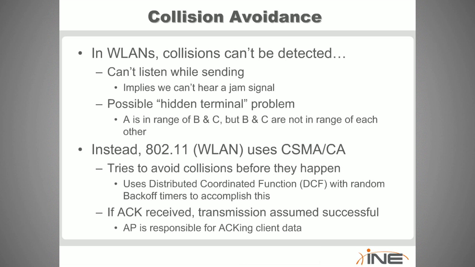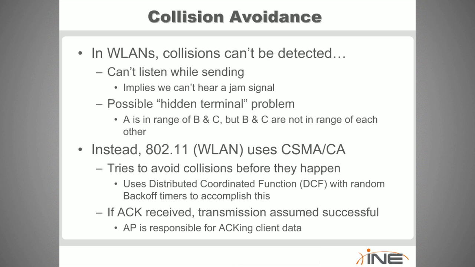There's also a possible problem that in the world of Wi-Fi is known as the hidden terminal problem. This basically means that we have three or more devices on the wireless media within range of each other. Host A is in range of B and C, but B and C are not in range of each other.